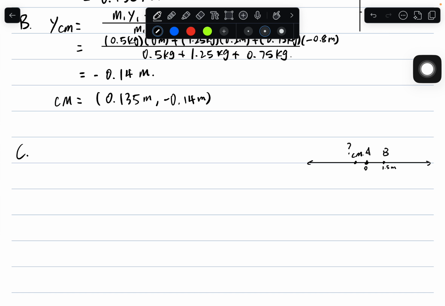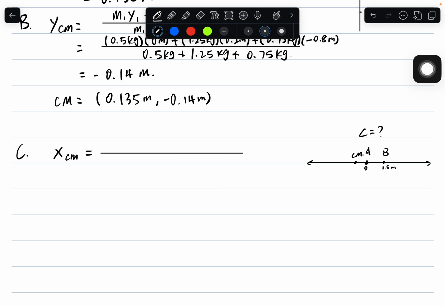For part C, we still use the same formula.